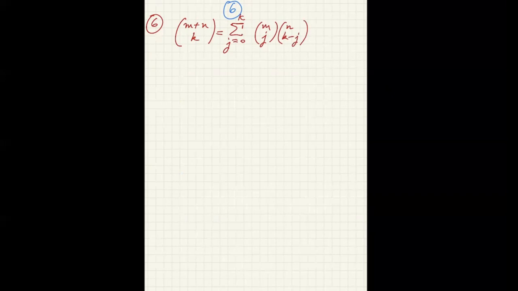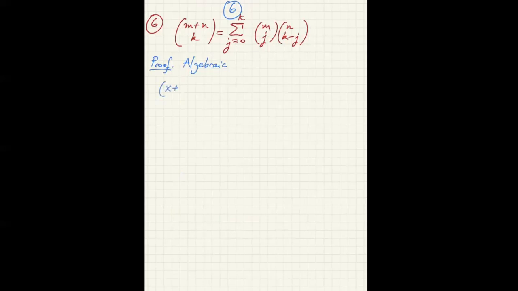So here we have a binomial coefficient on the left, and we have a summation of this product of binomial coefficients on the right. Let me give you two proofs that are essentially equivalent. One is algebraic and one is combinatorial. So algebraic: we look at where this m plus n choose k could appear.